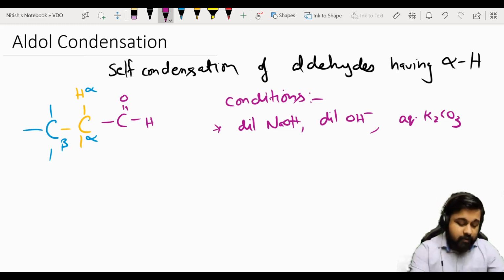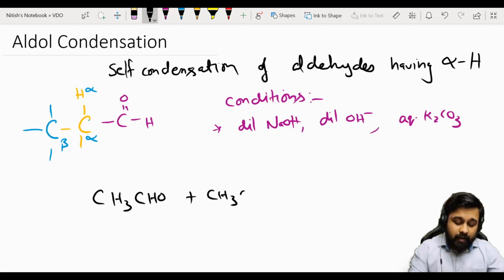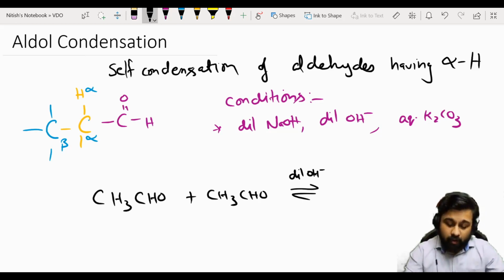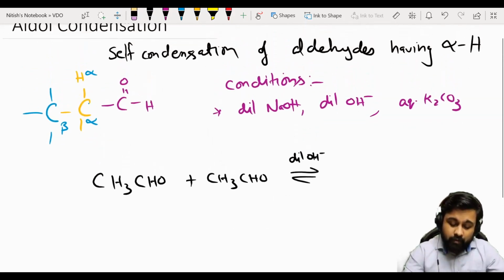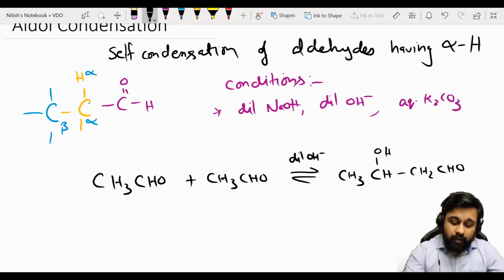Now, what is aldol condensation? If we have an aldehyde like CH3CHO, and in this aldehyde solution we add dilute alkali like dilute NaOH, we get a condensation product, that is CH3CHOHCH2CHO. This is a beta hydroxy aldehyde.